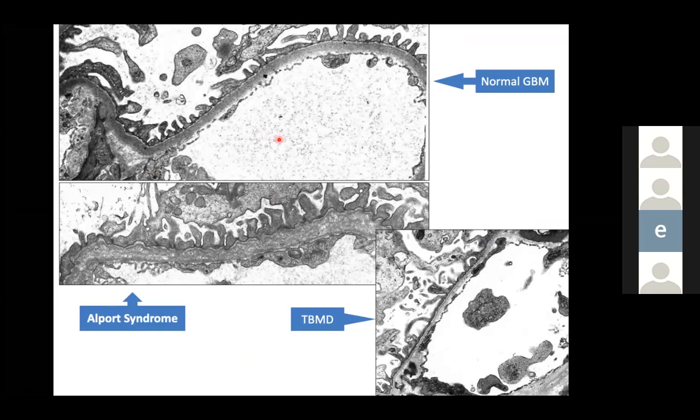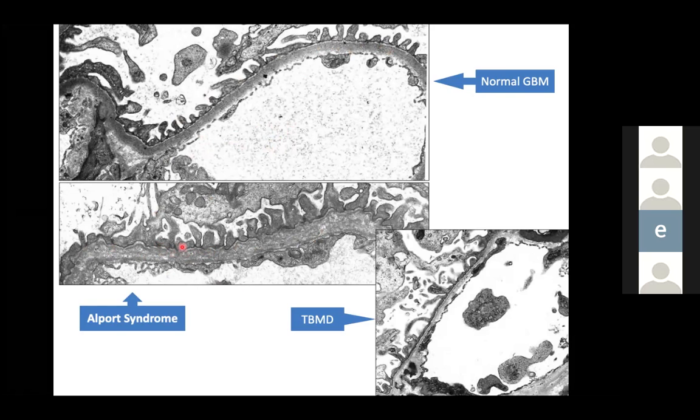So just for comparison's sake, just to give you a visual idea, this is a normal glomerular basement membrane. These are the podocytes and this is endothelium. A patient who had hematuria or who had FSGS-like morphological features, one could label it as FSGS. But when we do EM, instead of a uniform membrane like this, I see laminations here.